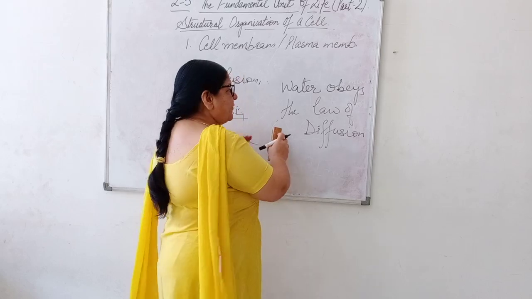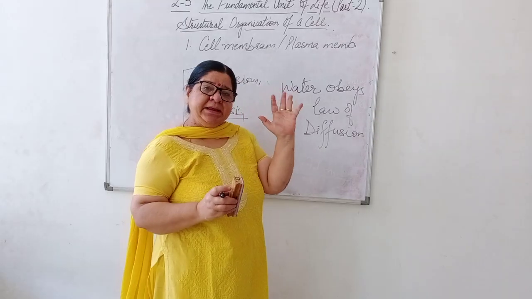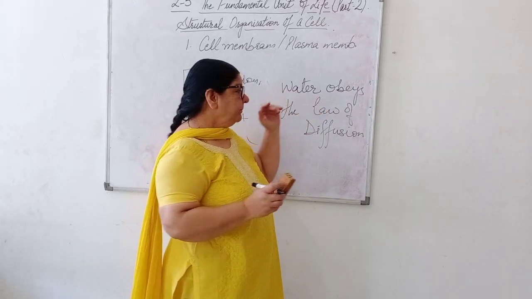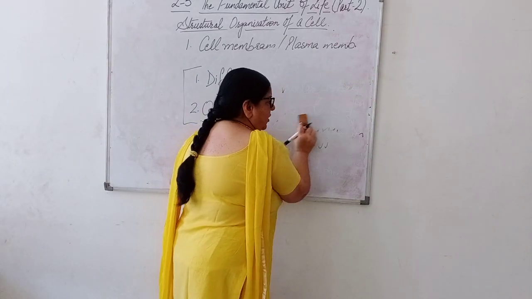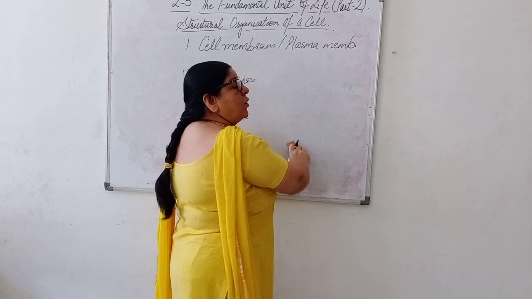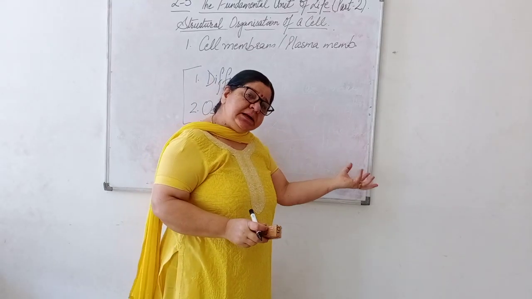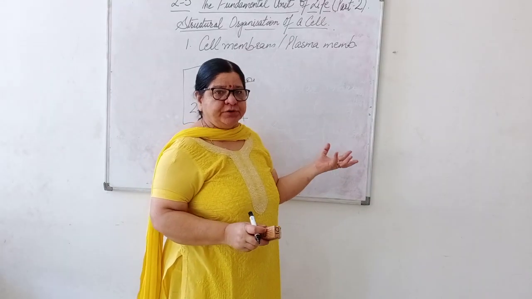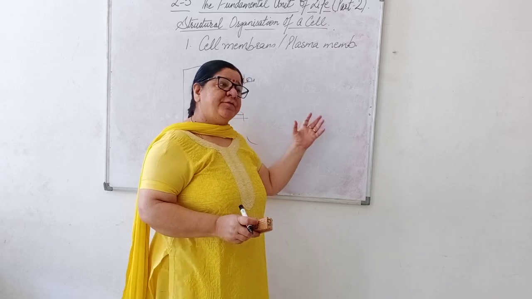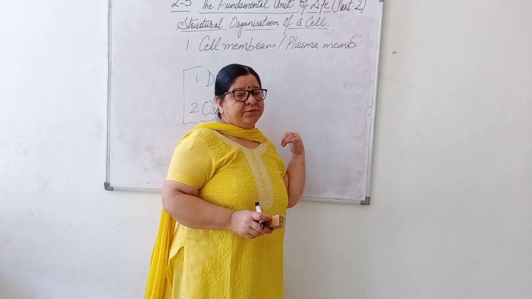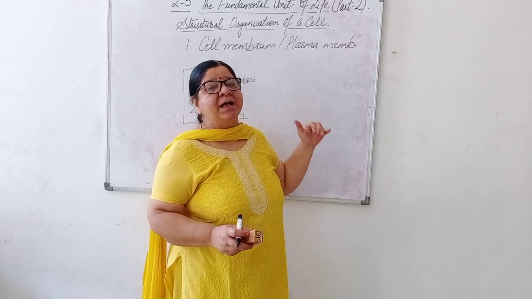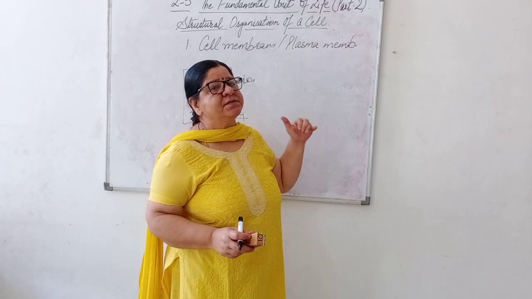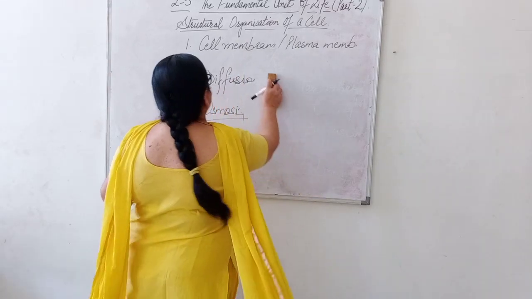So, in case of water, we take it as osmosis. Water, of course, is also following the law of diffusion, and osmosis is a type of diffusion. Only that in case of gases, we will call it diffusion. In case of water, the process will be known as osmosis.